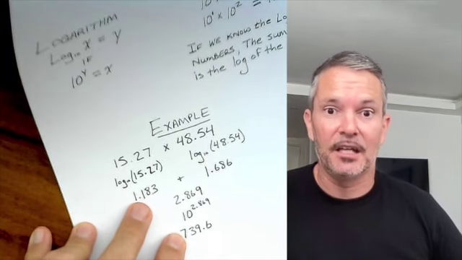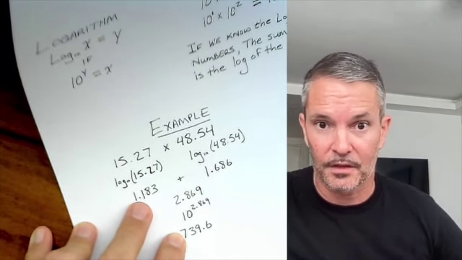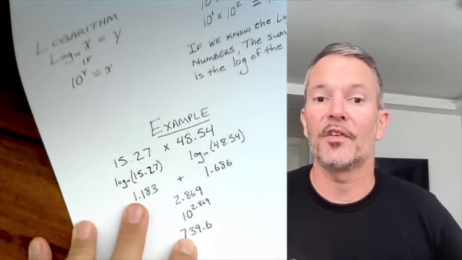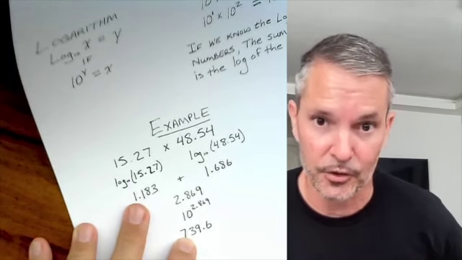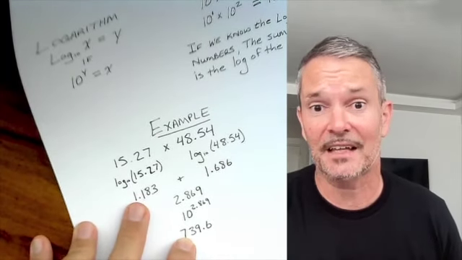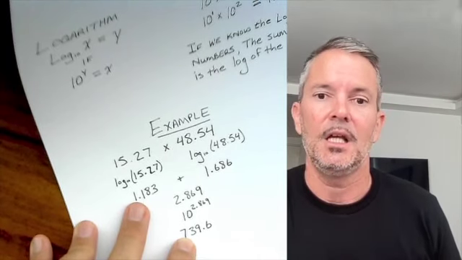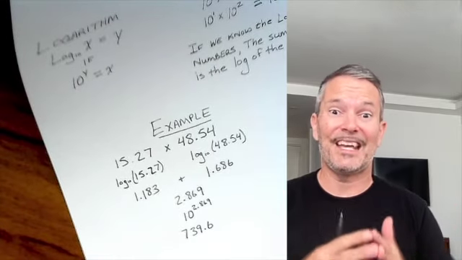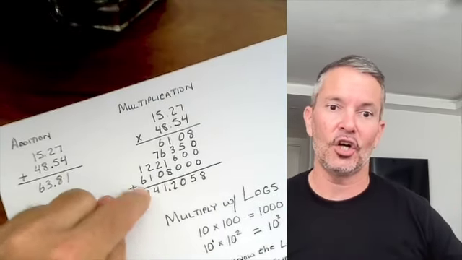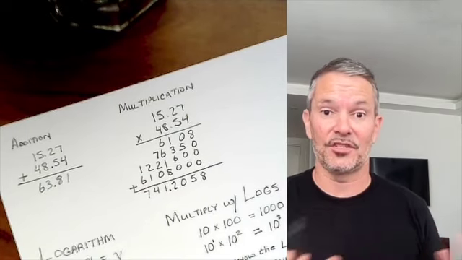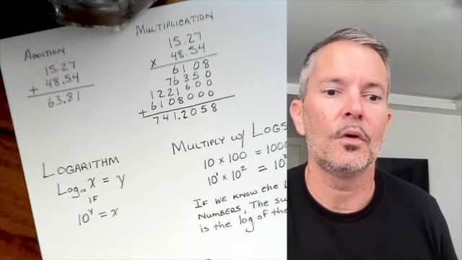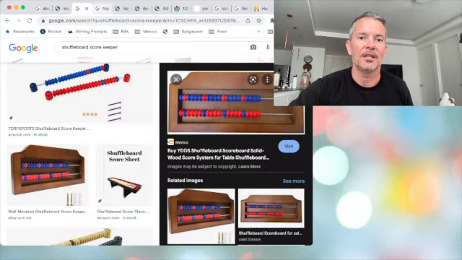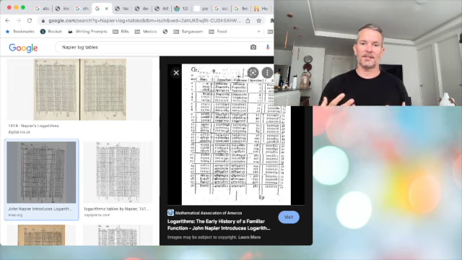If I had extended the logarithms to more places of significance and rounded them more correctly, I would have come up with something very, very close to the actual answer, or exactly the answer if I had done it to enough digits. So through this mechanical process of looking up logarithms, I can avoid doing this long mathematical process, which is very error prone.